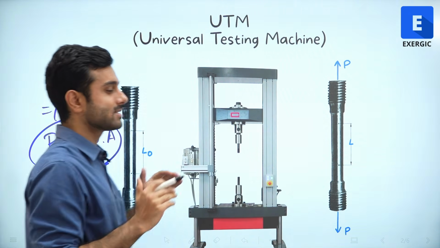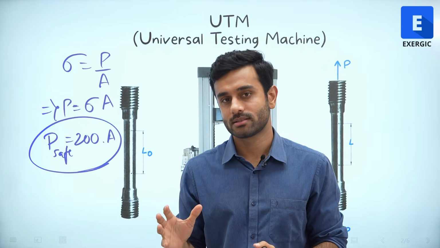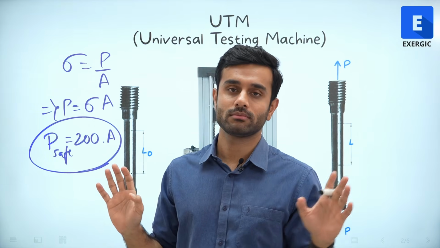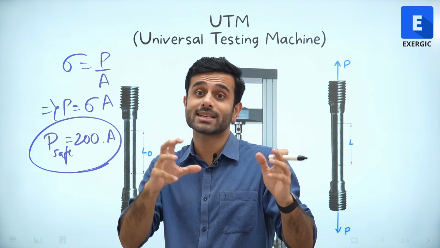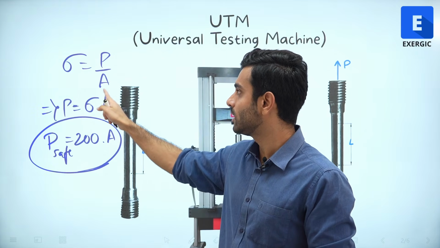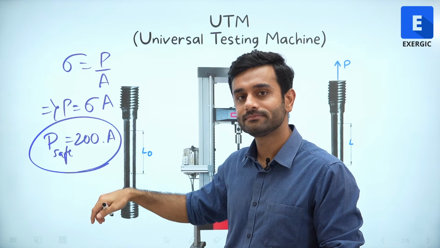If 200 is the safe value of stress for any material, which means 200 is the maximum stress that it can bear, then how much is the maximum load that it can bear? This formula will give it. It will depend upon the area, right?